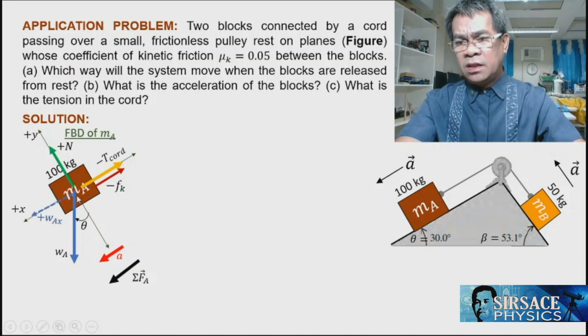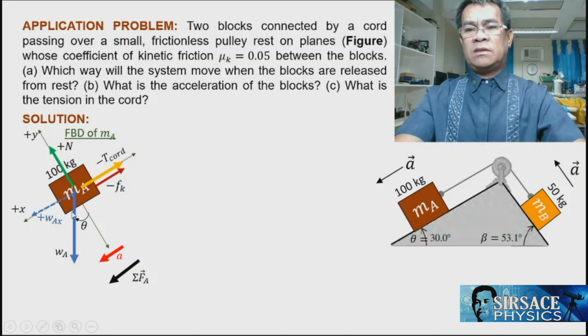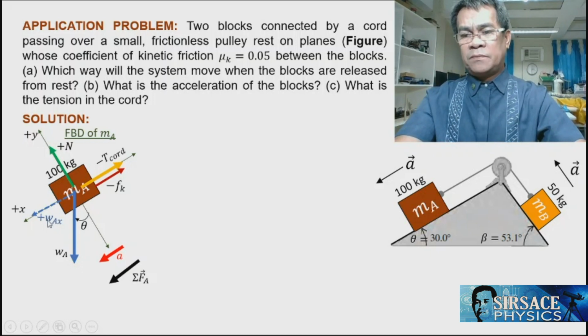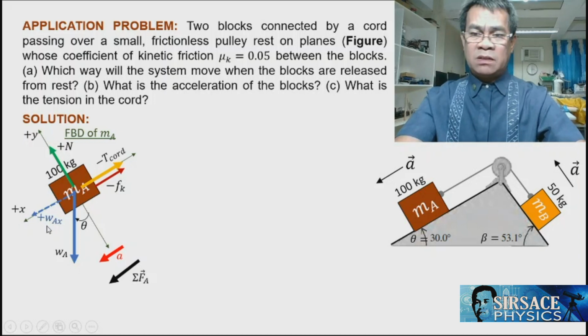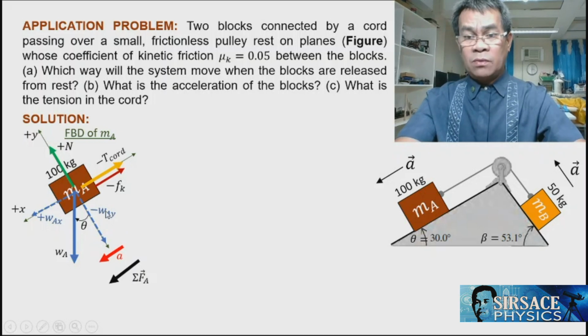So we have the x component, call it WAx, which corresponds to the component of the weight of block A along x. This is positive because it is directed towards the positive x-axis. Another component of W is WAy, which corresponds to the component of the weight of block A with respect to y.